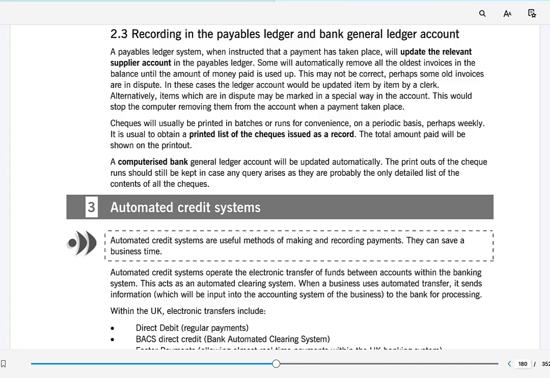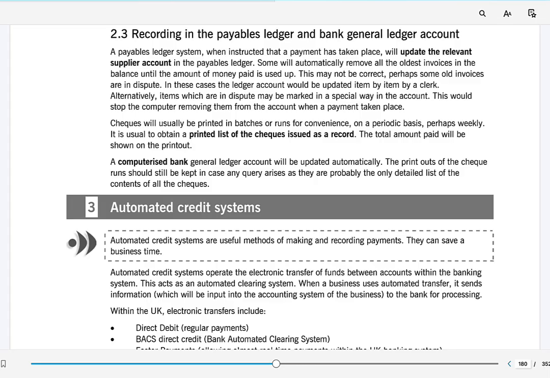Sometimes a supplier account has old invoices that should not be paid yet, or they might already have been paid, but the record was not updated properly. Or the company might be paying a specific invoice only, not the oldest one. So if the system automatically removes old invoices from the account when the payment is entered, it might remove the wrong invoice. This is exactly the warning in Lesson 2.3.